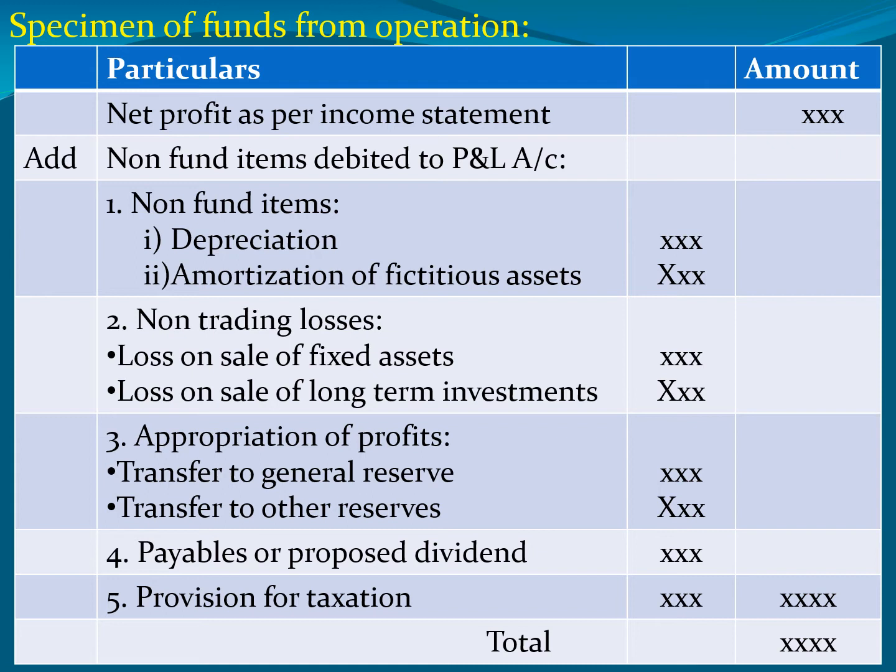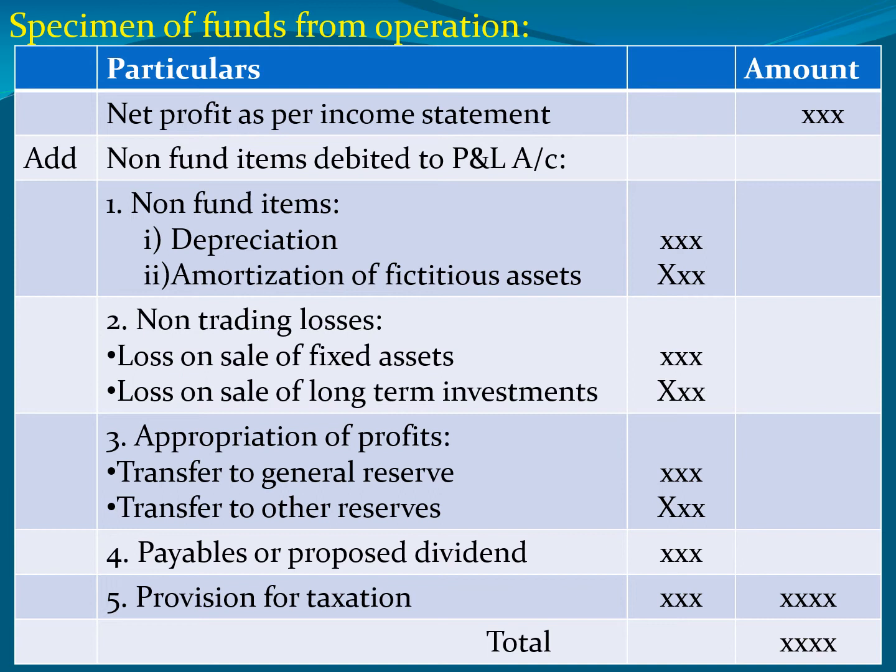Add non-fund items debited to the income statement. These are added because these are non-fund items debited to the profit and loss account. Because of that, the profit is showing less. Now we have to add it back.